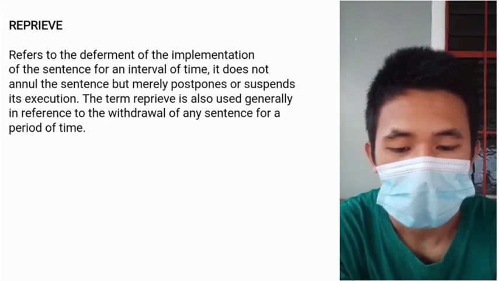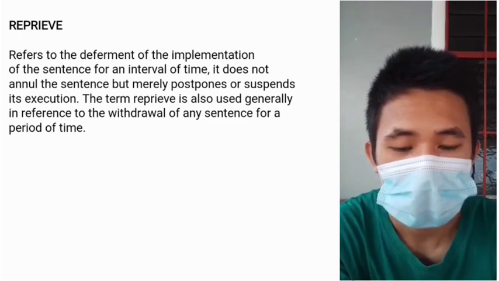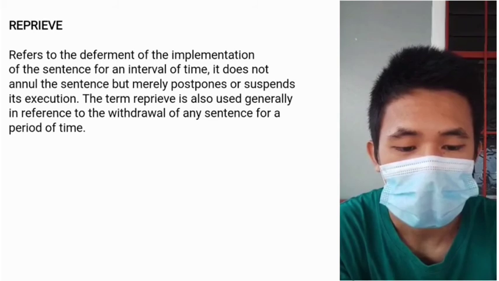A reprieve temporarily postpones the imposition of a criminal sentence, particularly a death sentence. A reprieve granted by the President can offer an inmate extra time to appeal or provide the President more time to consider a pardon or commutation.